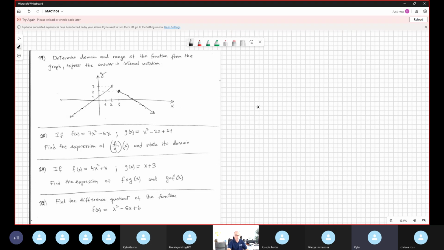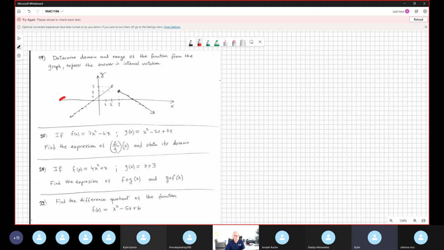In this case, I complicate it a little bit because we have a closed point, open point, and gap. Because between 2 and 3, we have no function. It's undefined, right? And maybe in the test, it's easier. No gap, no hole, no closed point, so it's easy. Let me try the domain first.